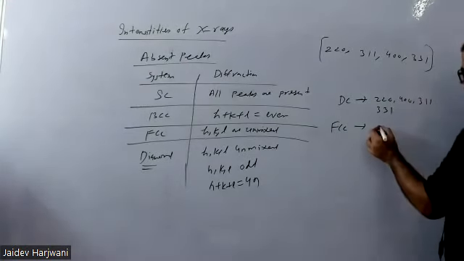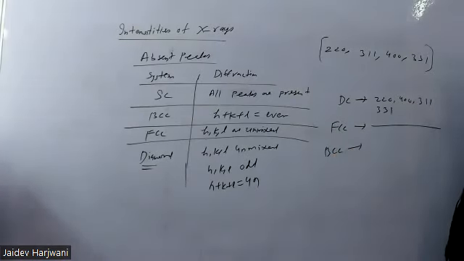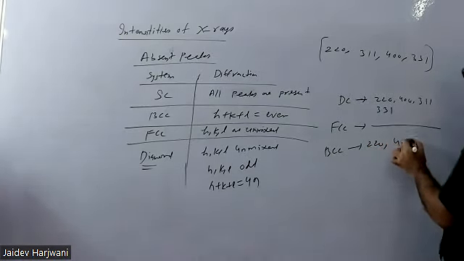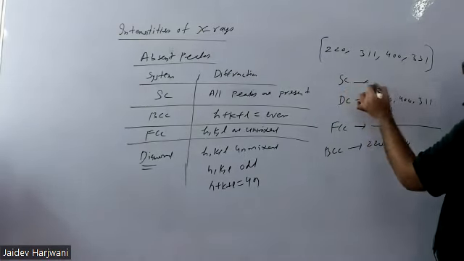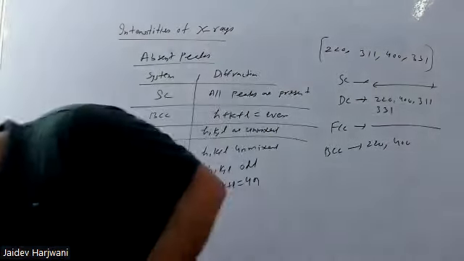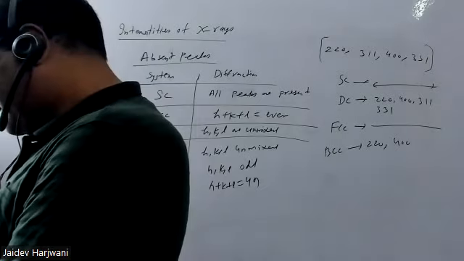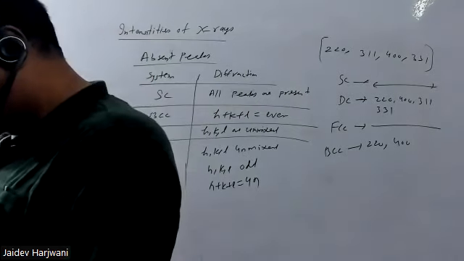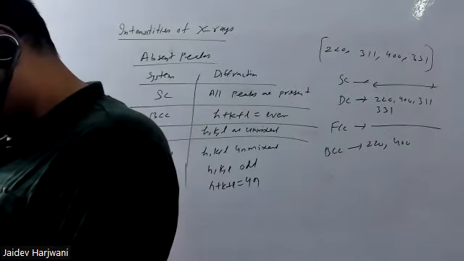In BCC, only 220 and 440 will be present, and simple cubic you should have all. So let me check whether for FCC everything is present. 220 is present in FCC. What about 311? 311 is present in FCC.